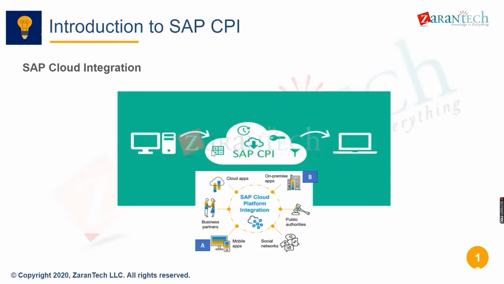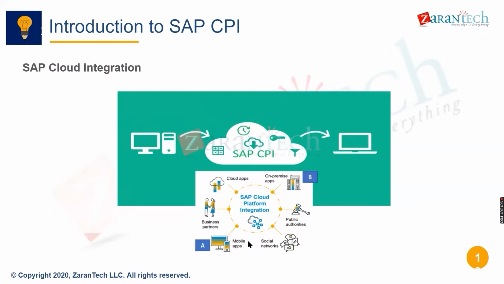Most of you may ask why we need SAP CPI in the middle. Why can't we send the data from system A to system B directly? But there are so many restrictions and usages when you send the data through SAP CPI. We'll go in depth on it.